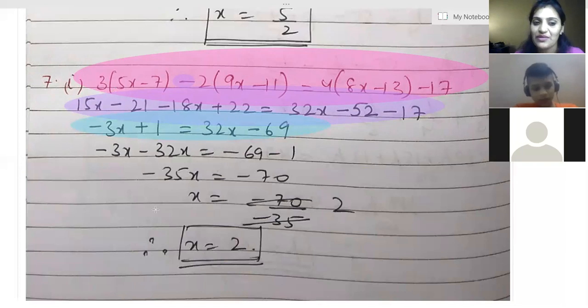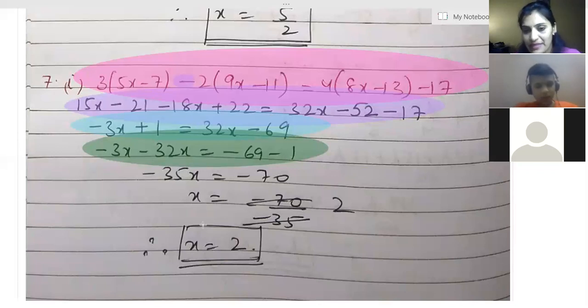Okay, so minus 3x minus 32x is equal to minus 69 minus 2. So it will be minus 35x is equal to minus 70, which means x is equal to 2, because minus minus will get cancelled and 35 twos is 70. I hope it's clear. Yes.